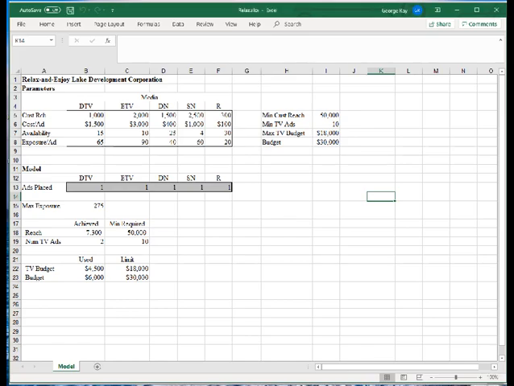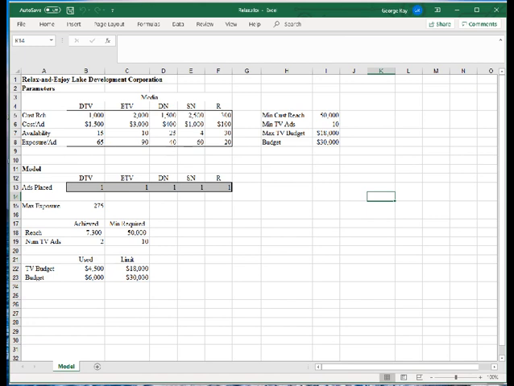So we'll take a look here. Relax and Enjoy Lake Development Corporation, as you know from reading the chapter, develops lakeside communities at a privately owned lake. Their primary market includes middle and upper income families within approximately 100 miles of the development.